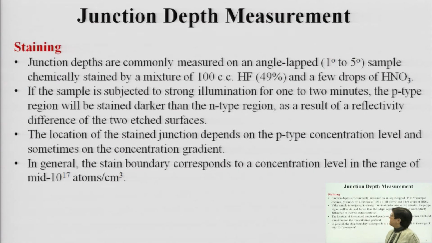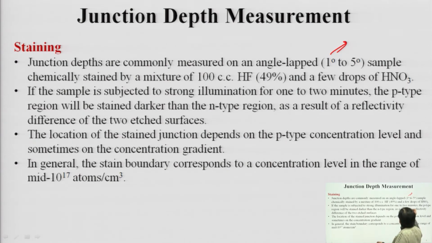Now, how do we measure them? The very first parameter is the junction depth. This junction depth measurement is carried out by staining. Now, what do you mean by staining? Staining is basically a method wherein you carry out etching within that particular bulk, and you measure the angle, basically lapped at 1 to 5 degrees.